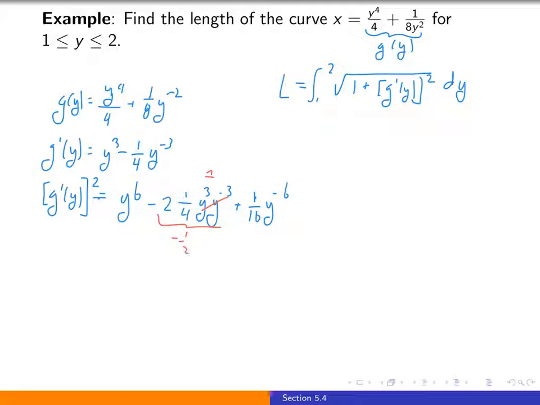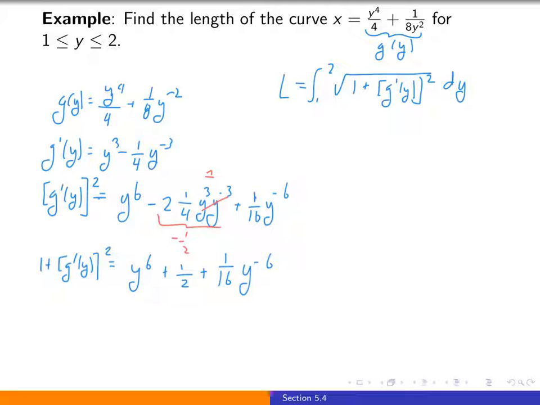So this middle term is simply minus 1/2. So now when we take 1 plus g prime of y squared, instead of having a minus 1/2 in the middle, we have minus 1/2 plus 1. So very similar here: y to the 6 plus 1/2 plus 1/16 y to the minus 6.